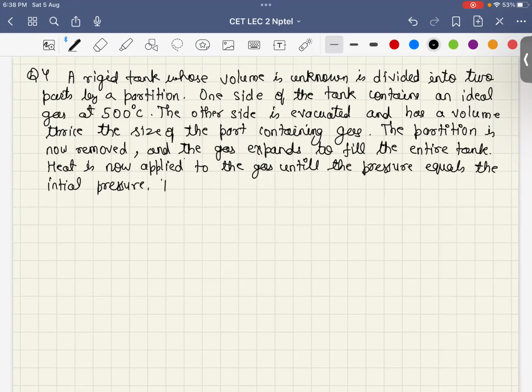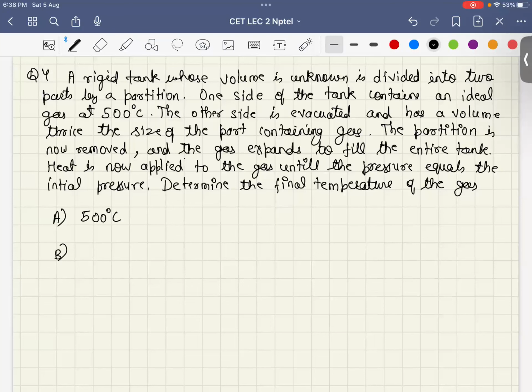And we are asked to determine the final temperature of the gas. The options given are: 500 degrees centigrade, 2327 degrees centigrade, 2819 degrees centigrade, and option D, insufficient information.